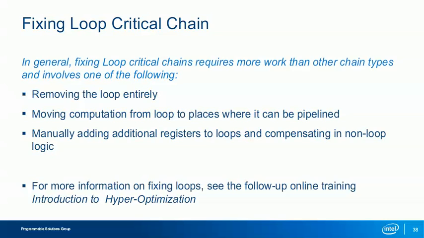Or 3, you can manually insert new registers into the loop path to reduce the average delay between the loop registers and thus allow the loop to run faster. Once this is done, you can compensate for the additional registers in the loop by modifying the surrounding non-loop logic. All of these techniques will be covered in follow-up online training under the topic of hyperoptimization.